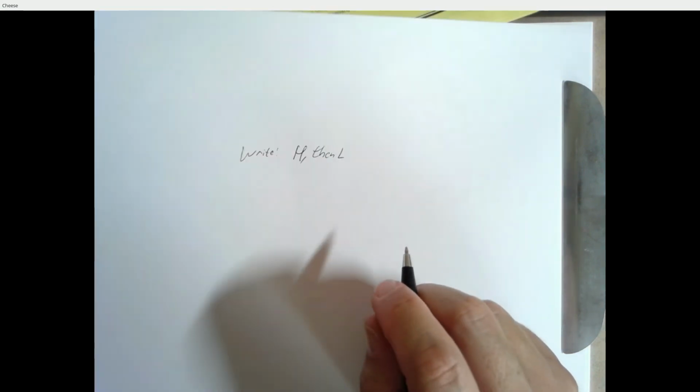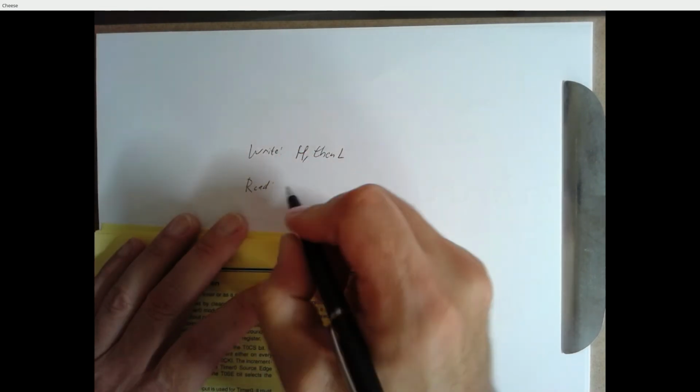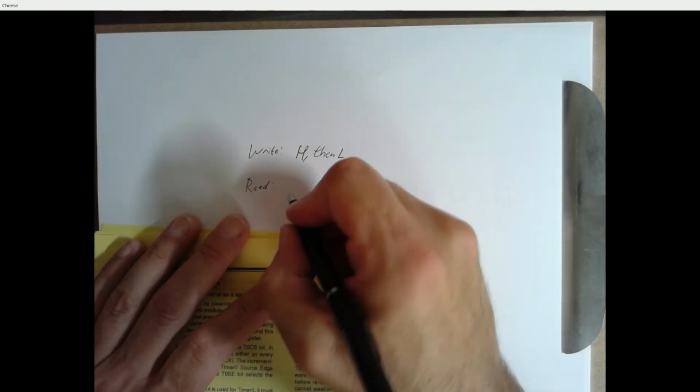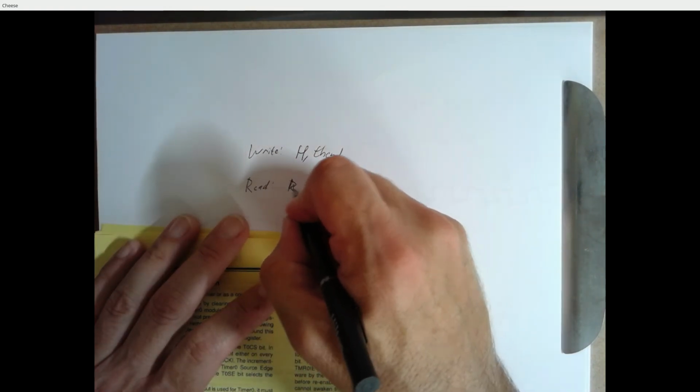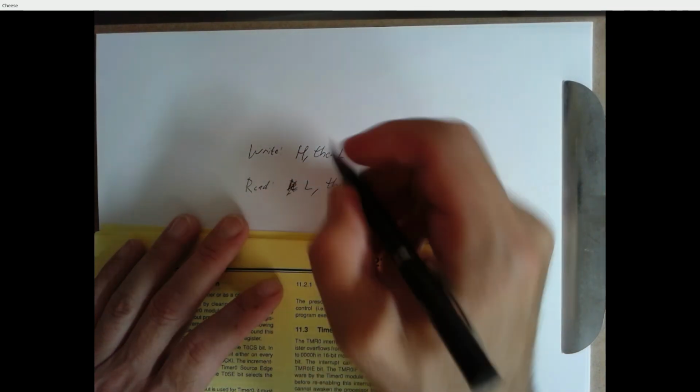When you want to write to timer 0, write the high byte first, and then write the low byte. When you want to read, we want to do something different. We want to read the low byte first, and then the high byte. This is subtle, but it's important.